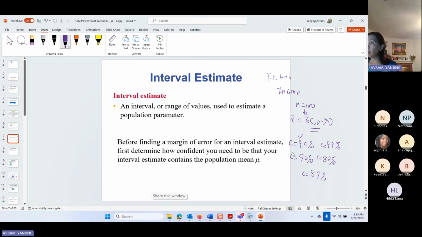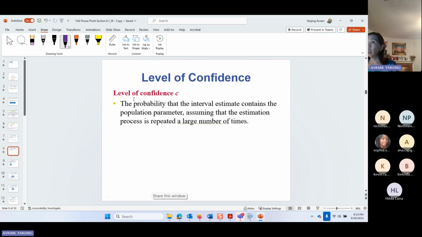So that is the level of confidence: the confidence that the interval you estimate will contain the population parameter.